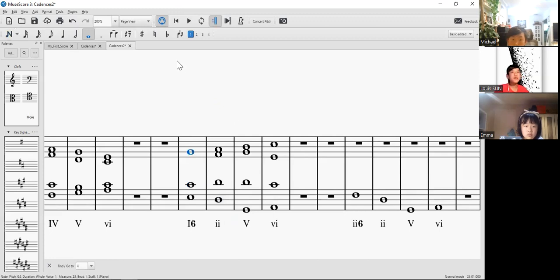What's good about this? We've got the soprano diatonically ascending. Soprano, tenor and alto sounds pretty good. And this chord structure is very interesting. Let's listen to it.